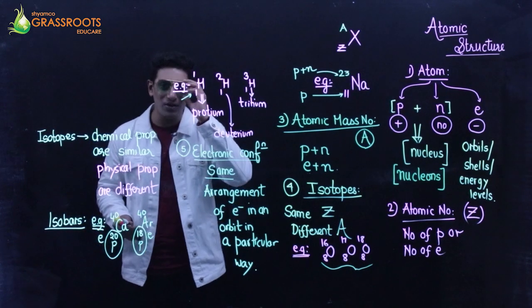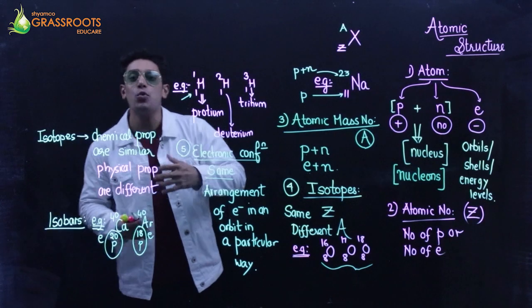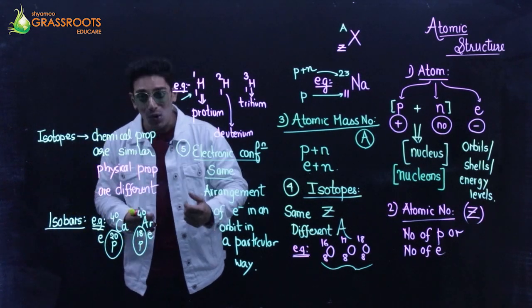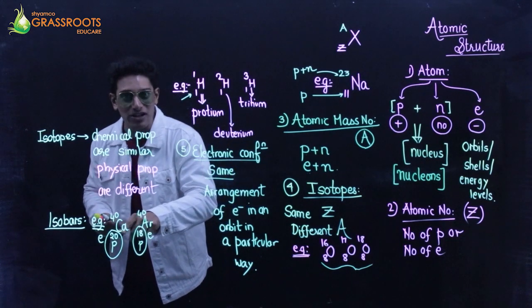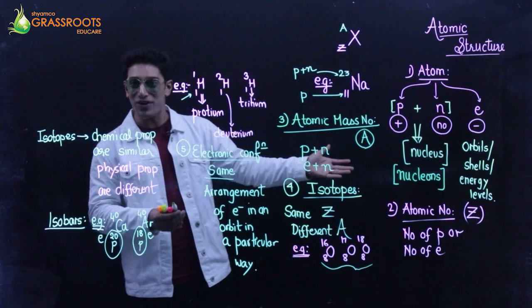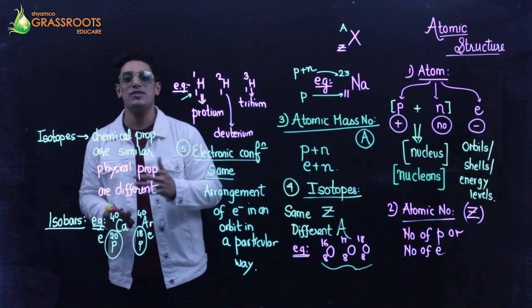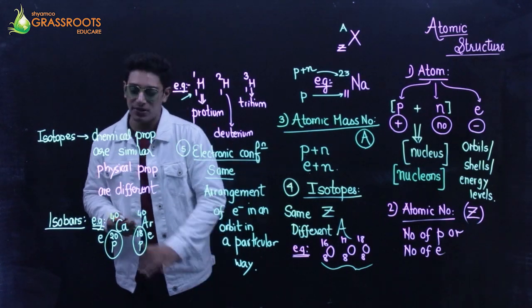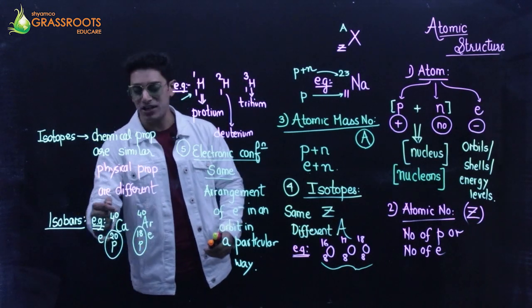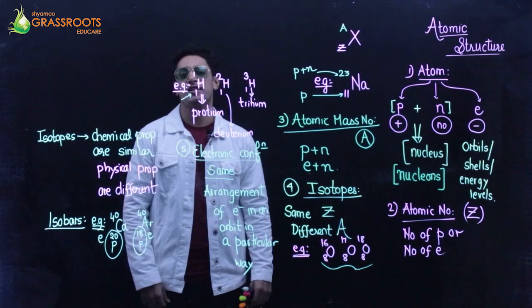Some students ask me, sir, what is chemical behavior? It is the way they react in a chemical reaction. So obviously, the reaction of calcium with an acid and the reaction of argon with an acid is going to be different because chemically they show variety in properties. So these are isobars. Isobars are elements having the same mass but different atomic number.